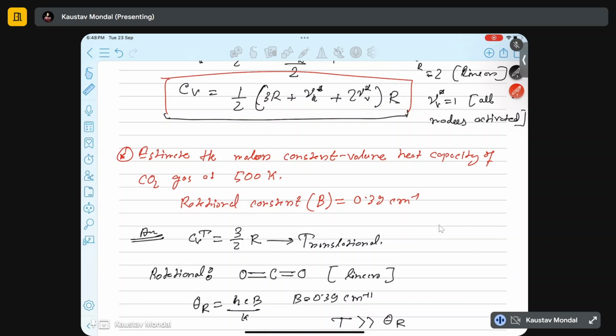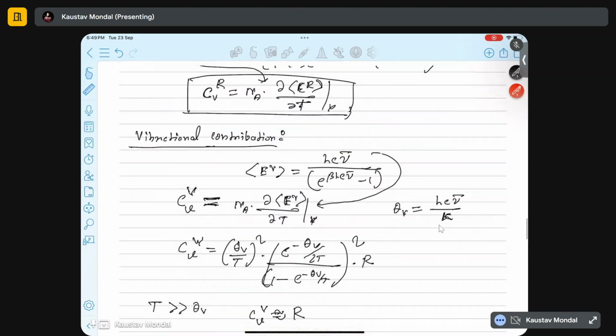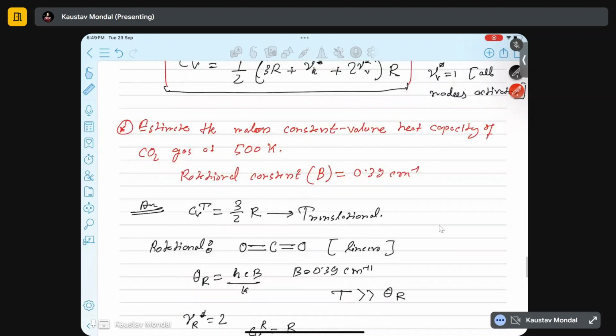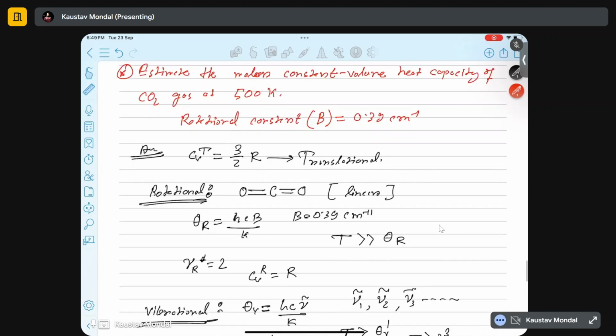So if all modes are activated, for the vibrational case, C_V,V is simply equal to R.